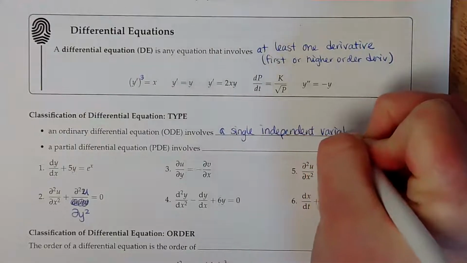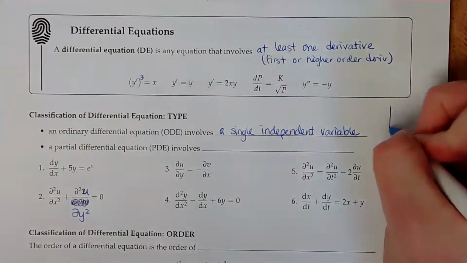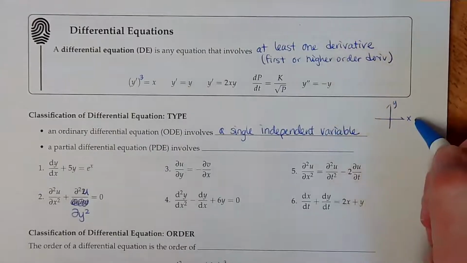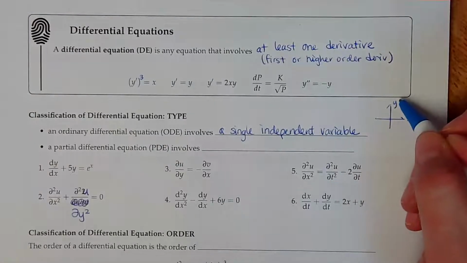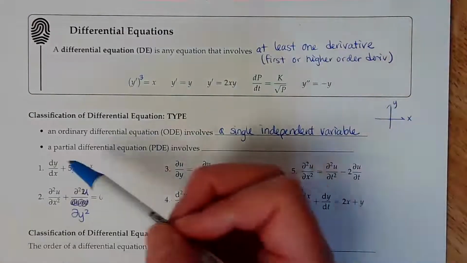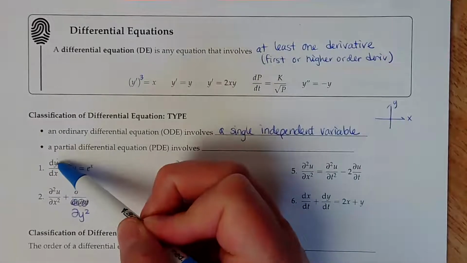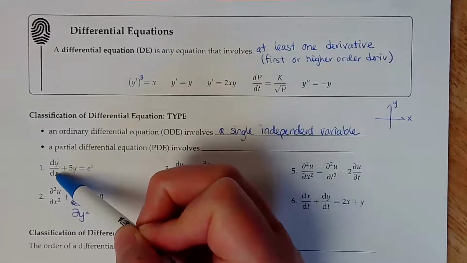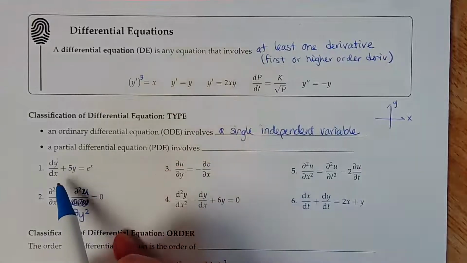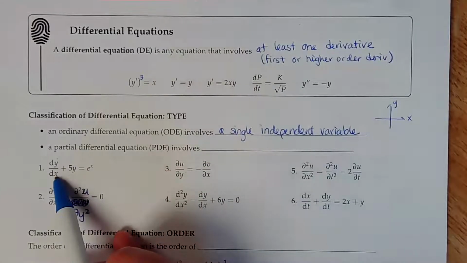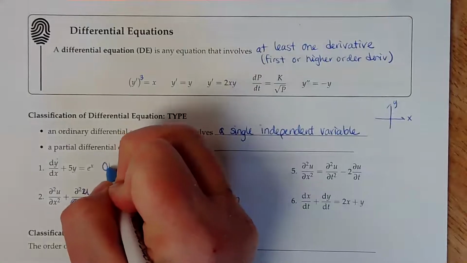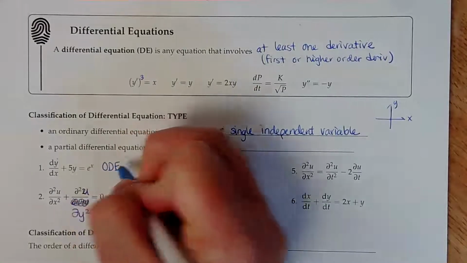If you think about when we graph on an XY axis, x is our independent variable and y is our dependent variable. So this dy dx here is our dependent variable, and there's our independent variable. Here I have just this one independent variable, so this is going to be an ODE. It has one independent variable.